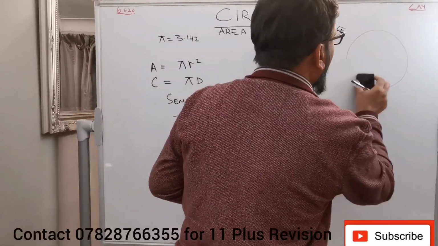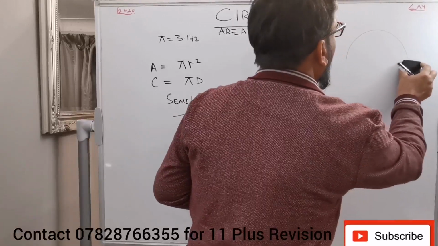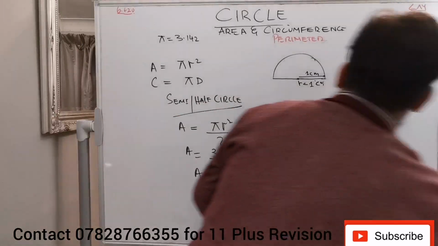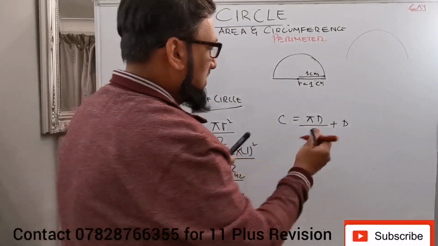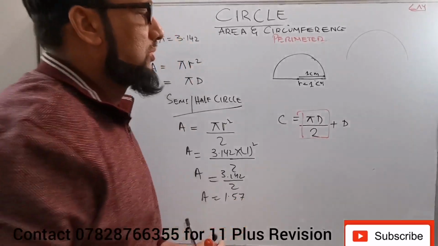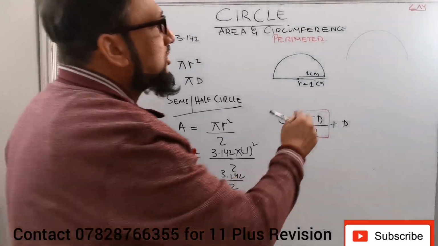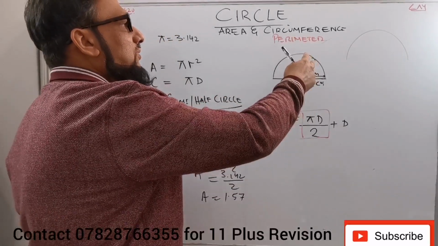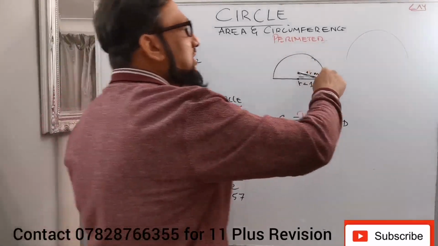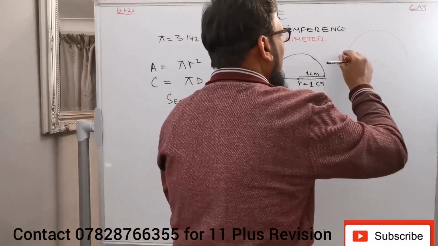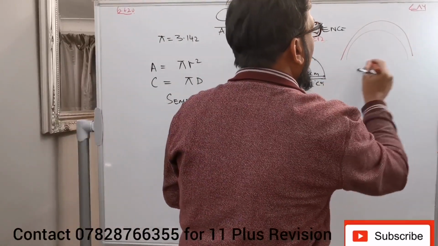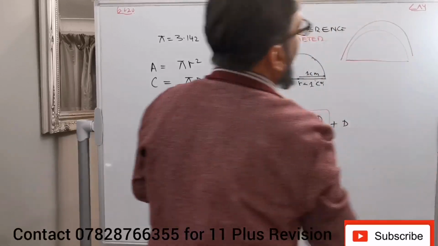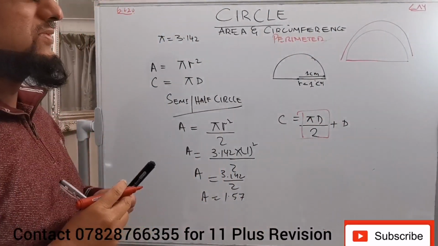But the perimeter of the half circle also means you need to find the distance across the circle as well.